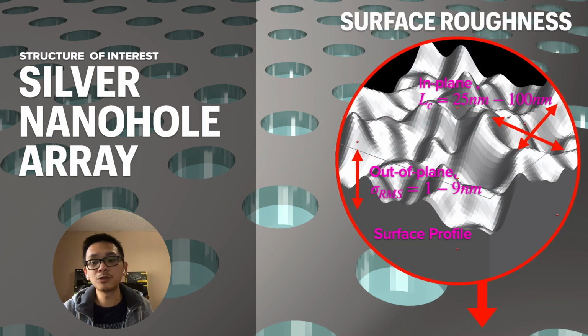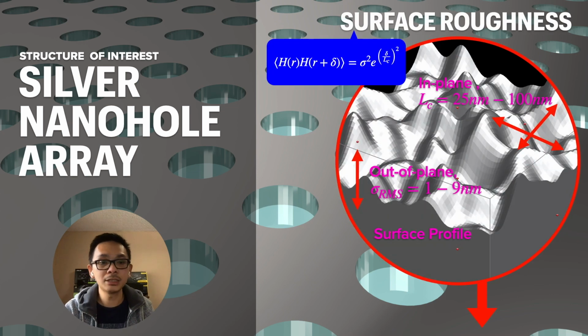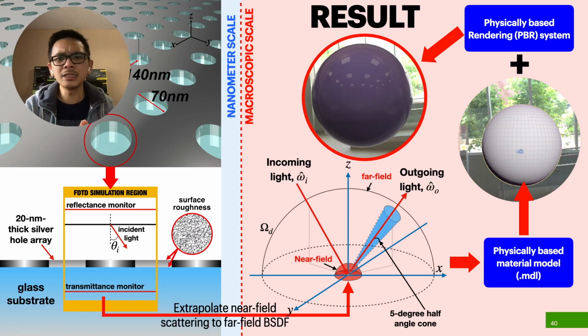For the surface roughness, we use the similar surface coloration functions that we used in the thin films, but with various in-plane and out-of-plane roughness scales. The approach is almost the same as what we did for the plasmonic structural colors, with the only difference being that we introduce the surface roughness on the whole array.